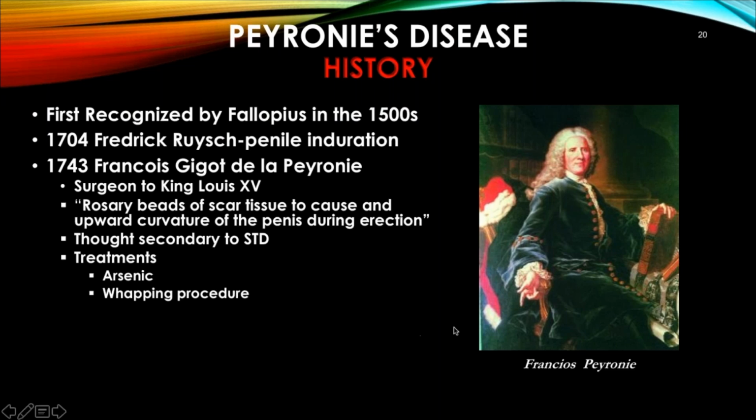Now, the other indication that we're going to talk a little bit about is Peyronie's disease. Peyronie was a man's name. He was the surgeon to King Louis the 15th, and he was the first to write a big paper discussing the rosary beads of scar tissue that cause upward curvature of the penis during erection. Now, he was not a bright man.